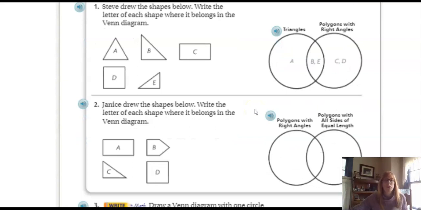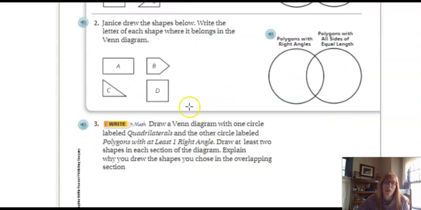All right, hopefully for number 1, they did for you A, B, E, and C, D, which they did for you. So then you're going down here to number 2, and you were taking these shapes and putting them where they belong. And hopefully on your answer for polygons with right angles, you put A, B, and C. And then where it shares right angles and equal length, you had D, which was your square.